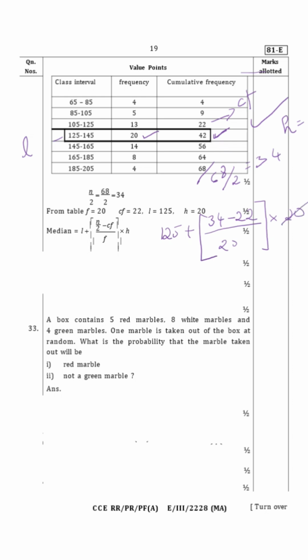Here 20 and 20 get cancelled, so 125 plus 34 minus 22, it is 12. So median is 137.